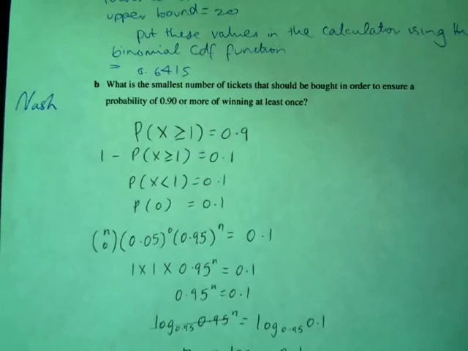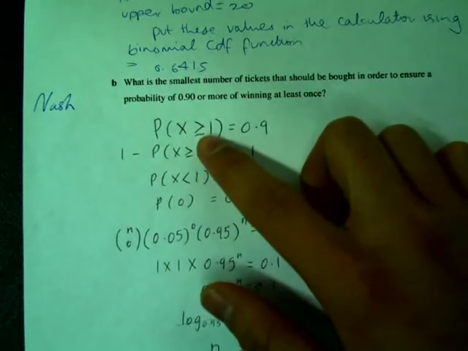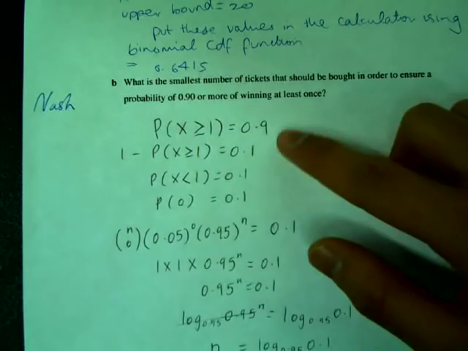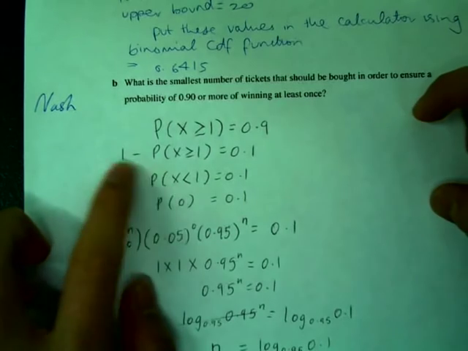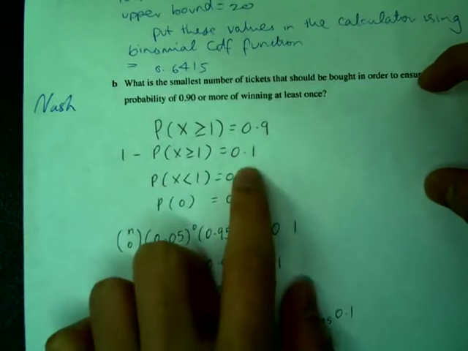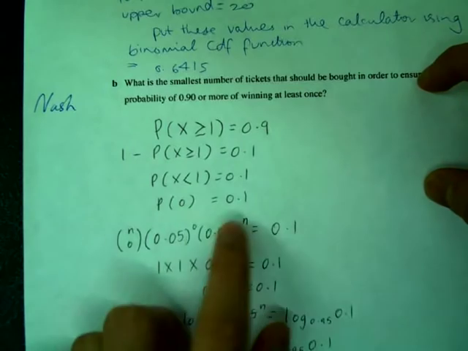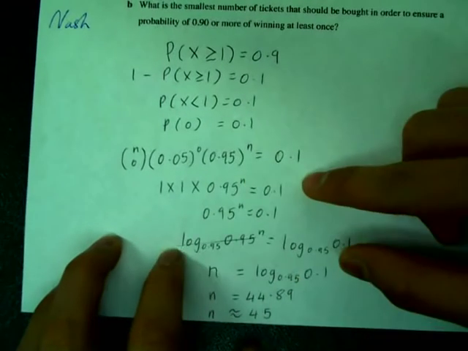Alright, so this question's asking for the sample size, the number of trials, and it's given that the probability of winning at least once, which is equal to or more than 1, is 0.9. So you take that away from 1, which is 0.1, and that's the same as the probability of 0. And so you write the equation out.